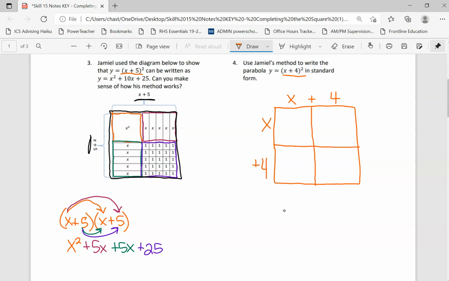So I'm going to go ahead and draw that. This is my x squared. These are my 4 individual x's. I guess I should have drawn them all the way down. And then over here I'm going to have 4 more sets of x's, and all of these are 1s.